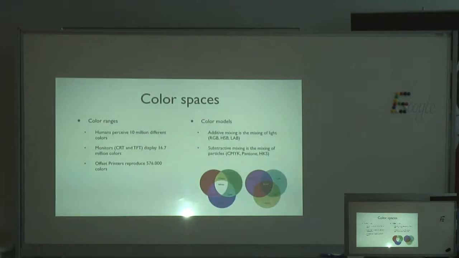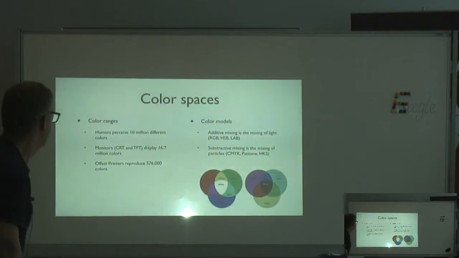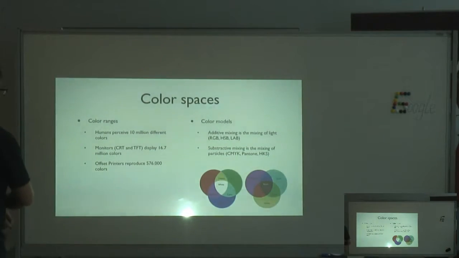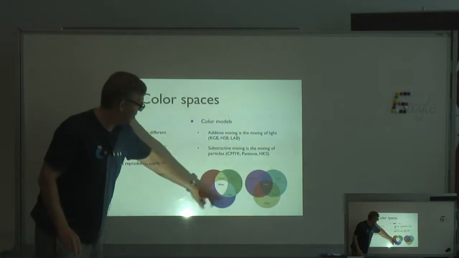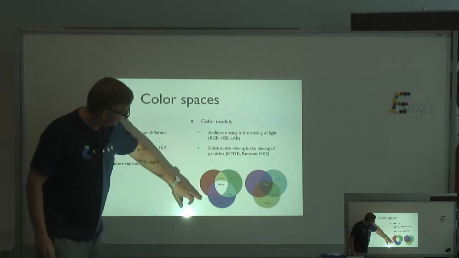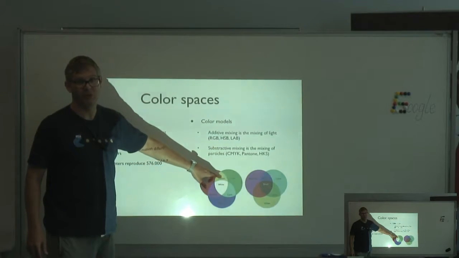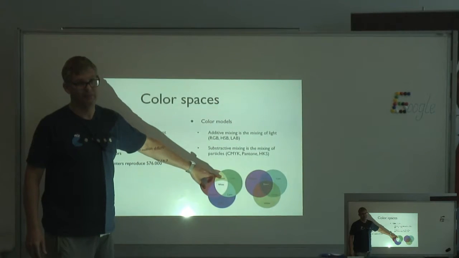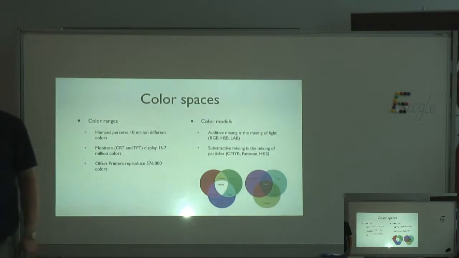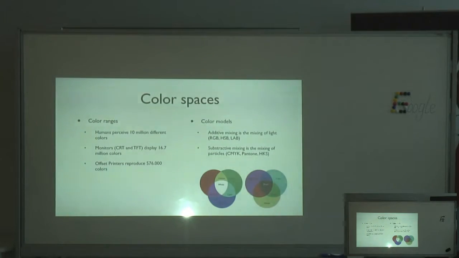So the interesting thing, of course, that you see is if we mix light, RGB, right? Cyan, magenta, yellow, right? It's just the mixture of these two. And as far as I know, to be honest, I do not know why they did CMYK.